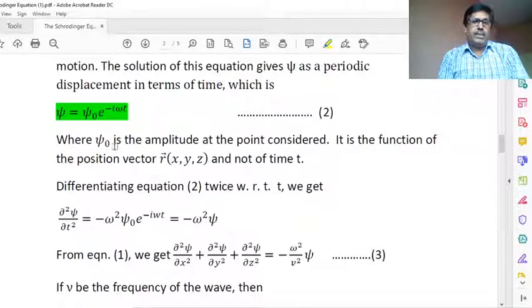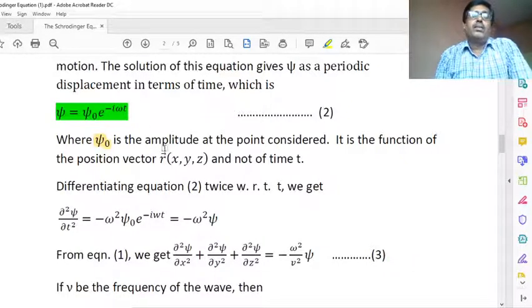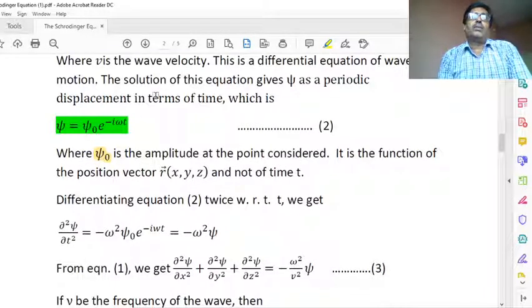Psi 0 is the amplitude and omega is the angular velocity, which is equal to 2 pi nu, where nu is the frequency. So this is a trial solution of this equation.